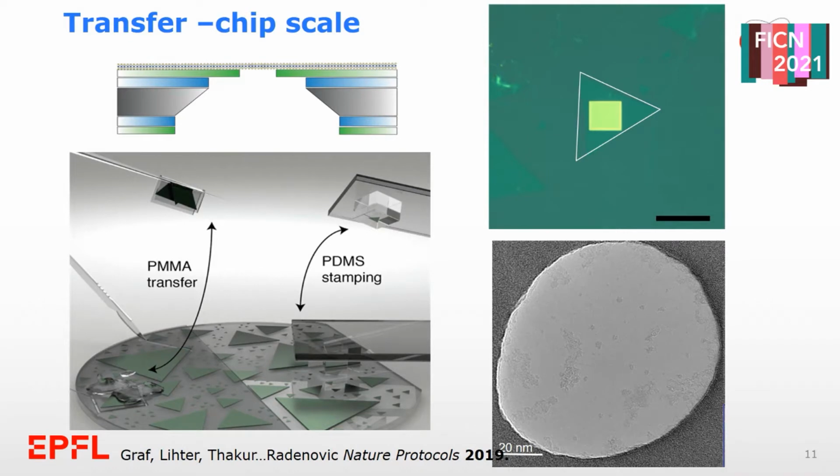As you can see here, this triangle indicates the lifted-off material from the substrate, positioned at the place where we have this opening.